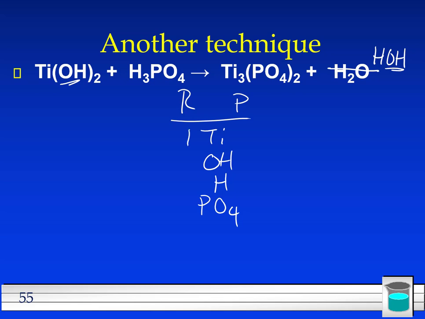So that's 1 Ti, 2 OHs, 3 H's, and 1 PO4 on the reactant side. By the way, on the homework, this was the most common mistake on writing formulas, not putting OH in parentheses. And on the other side, it was 3 titaniums, 2 phosphates, 1 hydrogen, and 1 hydroxide.